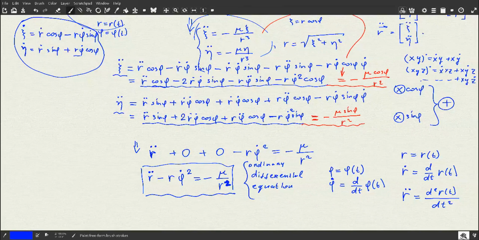Now, one more thing. You remember that we had the first equation we obtained, which is r cross product r dot equals h, or, already in two-dimensional coordinates, psi eta dot minus eta psi dot equals h, where h is a constant, being the absolute value of h.